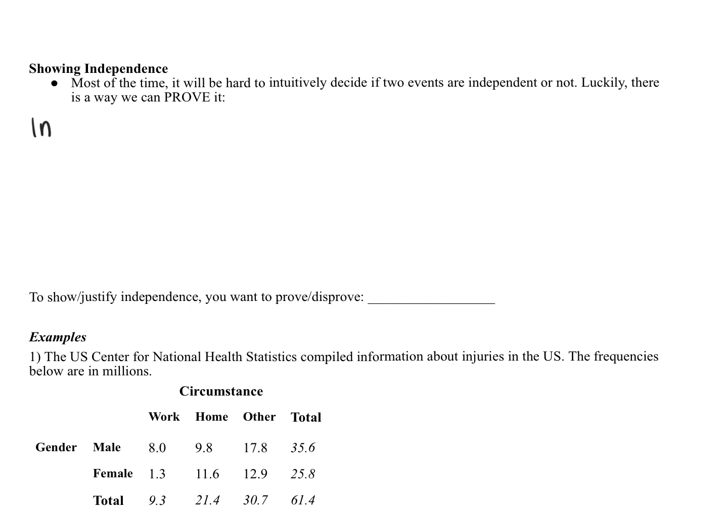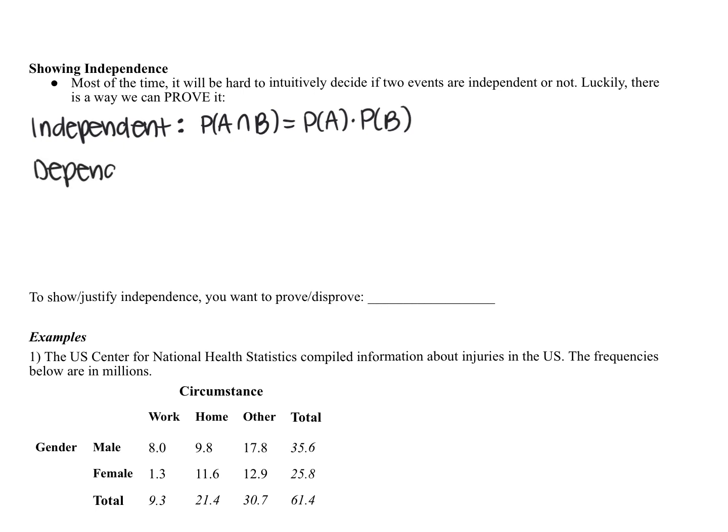So it goes back to our formula. If two events are independent, we know the probability of A and B is just the probability of A times the probability of B. If two events are dependent, the probability of A and B is the probability of B times the probability of A given B. Since these are both formulas for the probability of A and B, I can set them equal to each other.